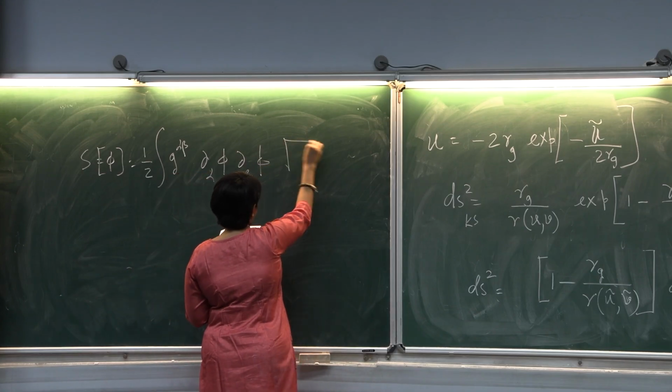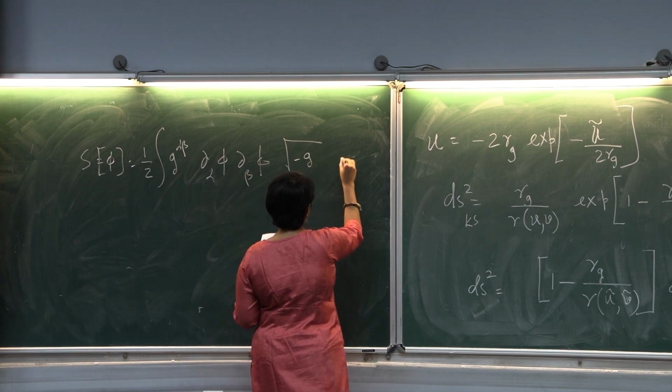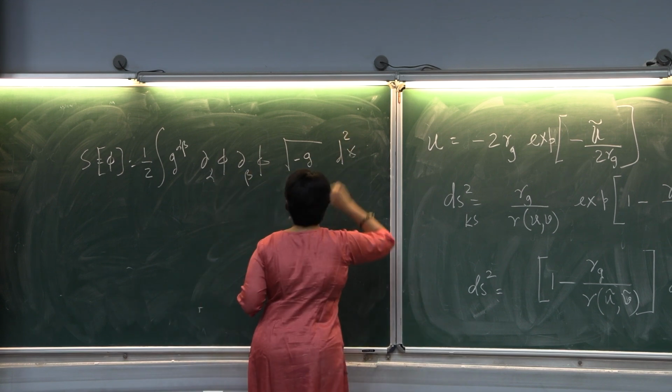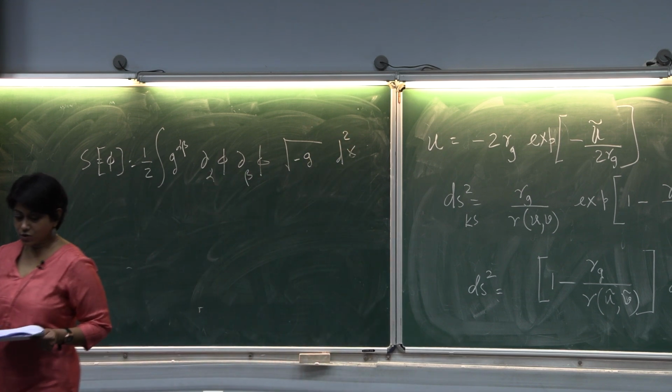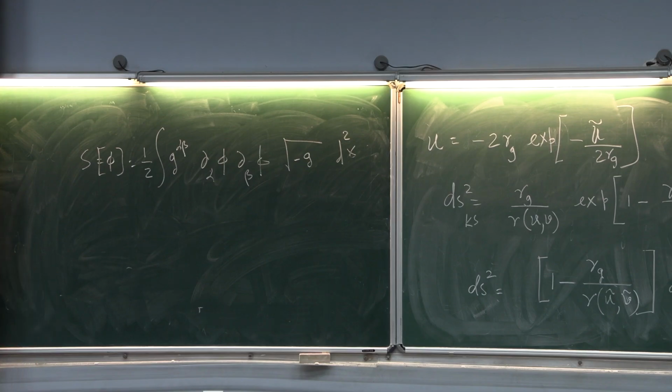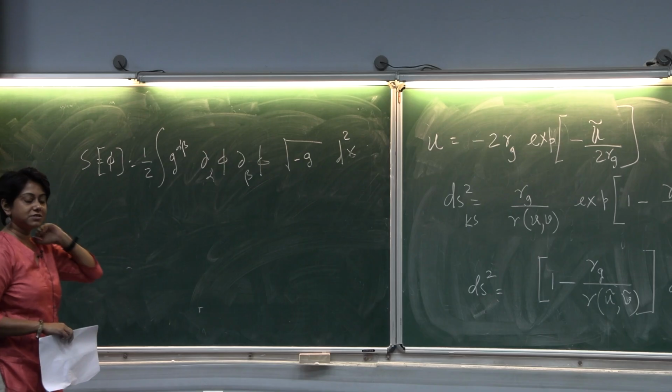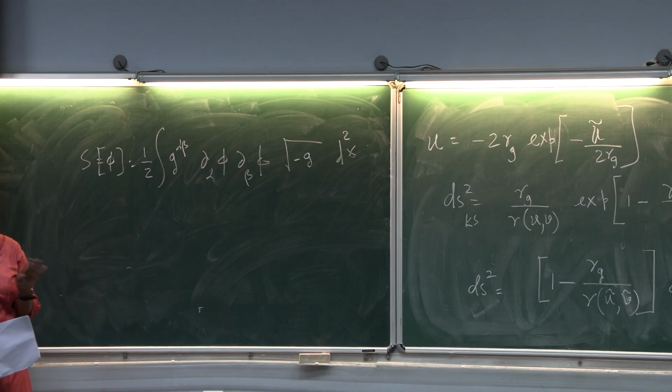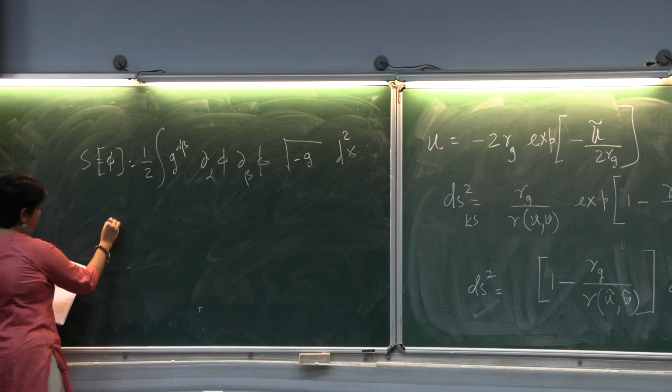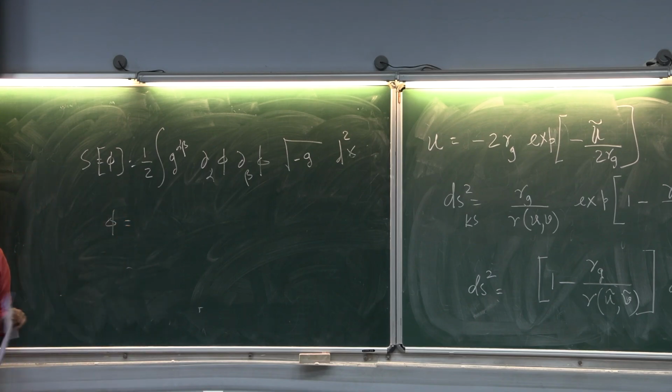Of course, I have to take a root over minus g, which I missed writing earlier. So of course, I will absolutely exploit your already built up knowledge of writing the solution of Klein-Gordon equation in terms of the mode solutions. So from here, let's say I want to focus as of now on the tortoise coordinate one.